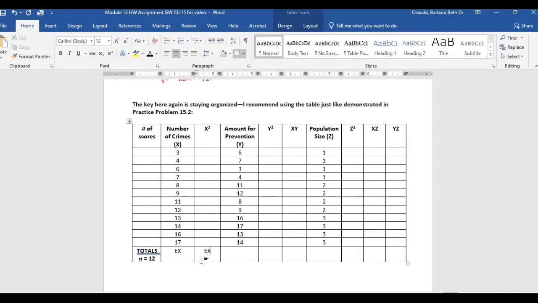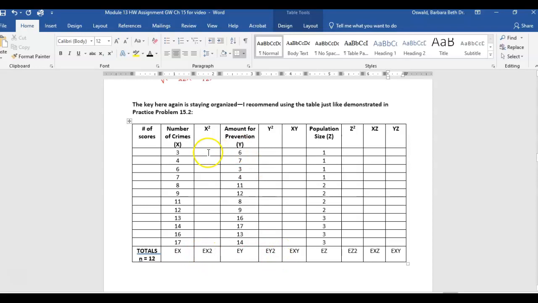And then this would be the sum of x squared. This is the sum of y, the sum of y squared, the sum of xy, the sum of z, the sum of z squared, the sum of xz, and then the sum of yz.